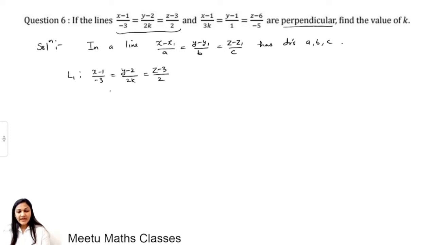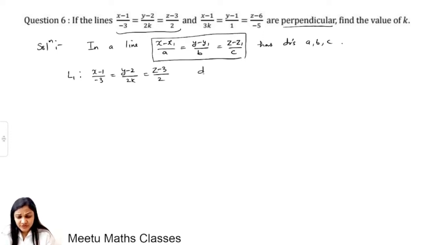Comparing it with the equation of a line, we get the direction ratios of L1. Let the direction ratios of L1 be A1, B1, C1. So this will be minus 3, 2k and 2.